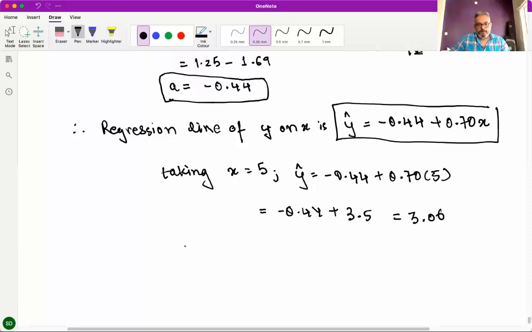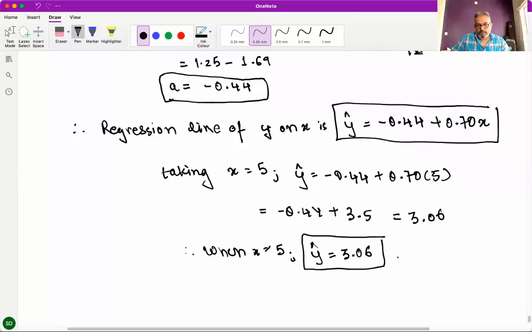So therefore, when x is equal to 5, y cap is equal to 3.06. Answer.